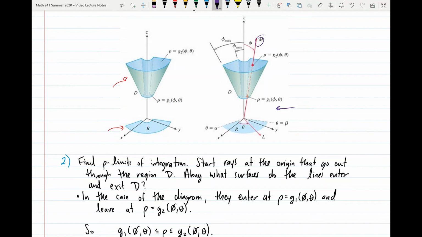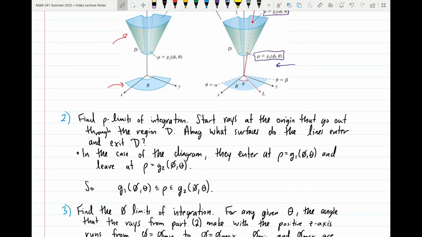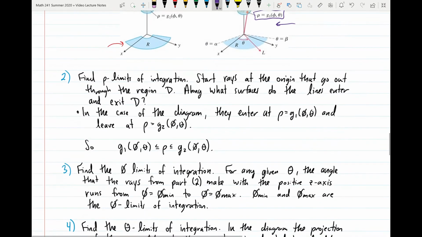It starts at the origin, going out from the origin up through the region D, and you can see that it's entering the region D along the surface rho equals g sub 1 of phi theta, and it's exiting the region D along the surface rho equals g sub 2 of phi theta. And these are going to provide the lower and upper limits of integration for rho, as you would probably expect.